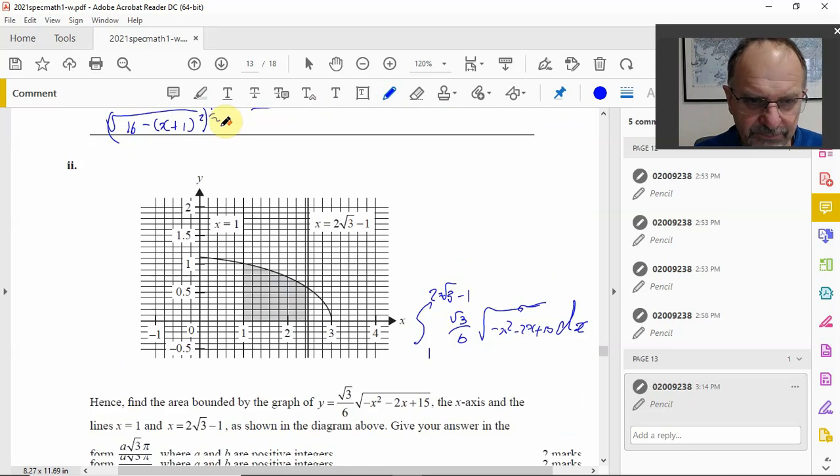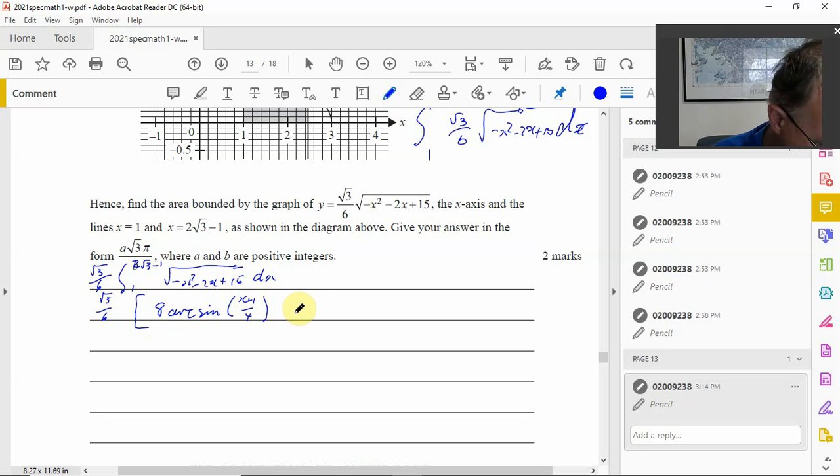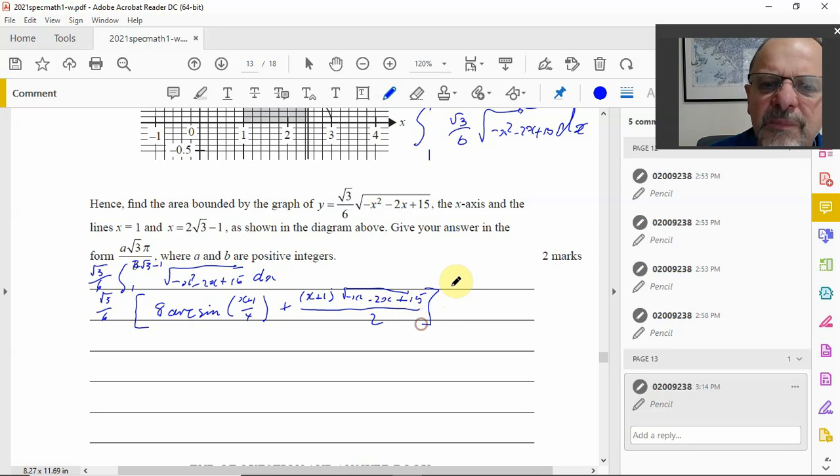So what that then means is that this becomes root 3 on 6, that stays out there, times 8 arc sine of (x plus 1) on 4, plus (x plus 1) times the square root of minus x squared minus 2x plus 15, on 2, between the upper limit and the lower limit.